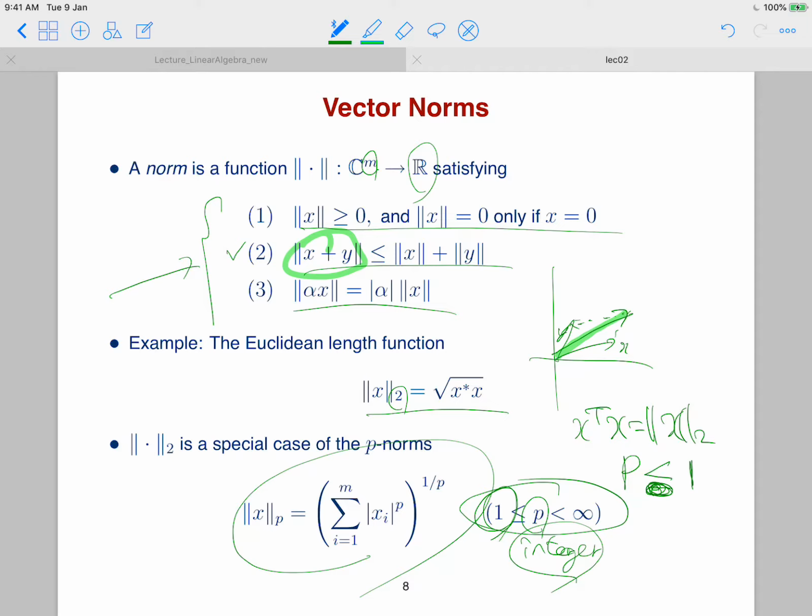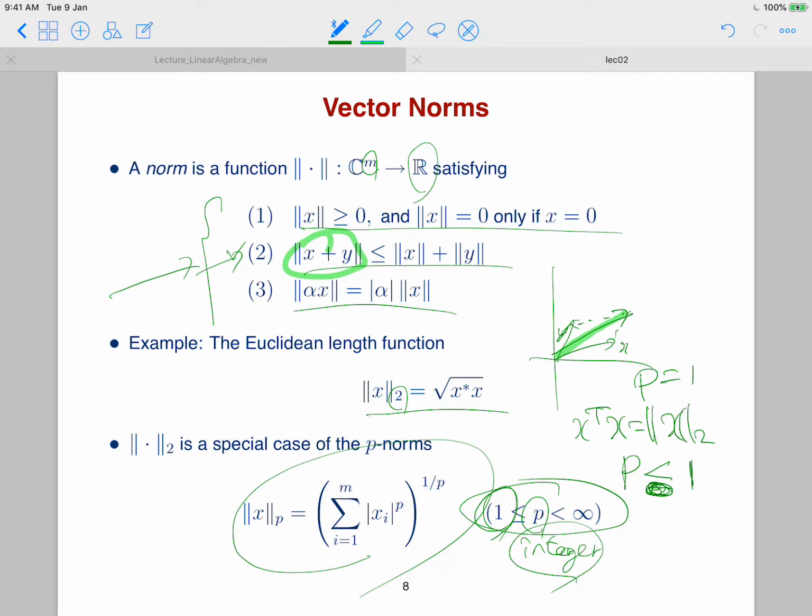So one of the important properties is not holding true, and that is this triangular inequality, right? And what about P being equal to 1?